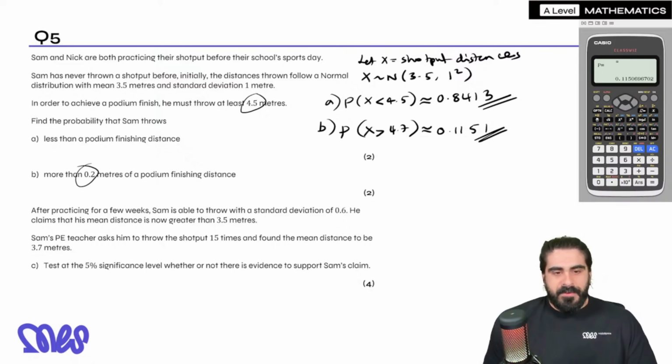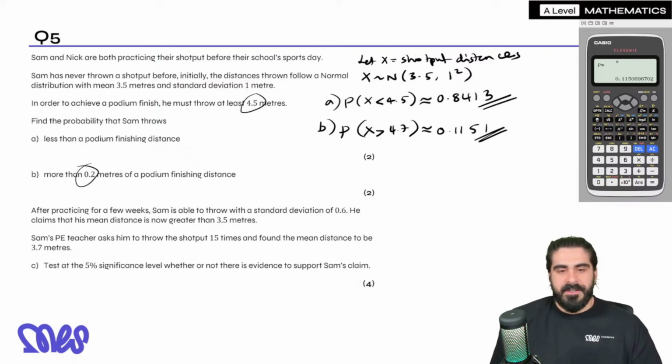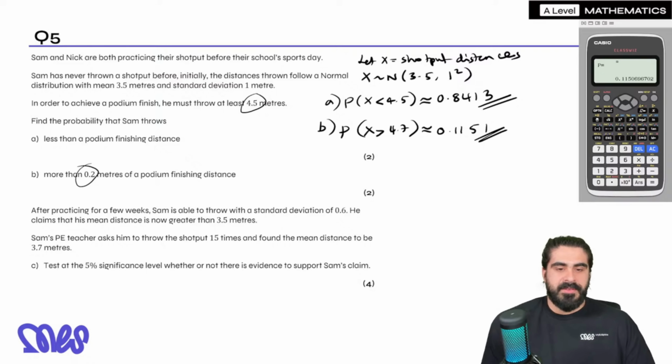After practicing for a few weeks, Sam is able to throw with a standard deviation of 0.6. He claims that his mean distance is now greater than 3.5. Sam's PE teacher asks him to throw the shot put 15 times and found the mean distance to be 3.7. Test at the 5% significance level whether or not there's evidence to support Sam's claim.